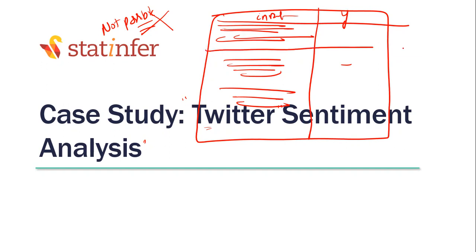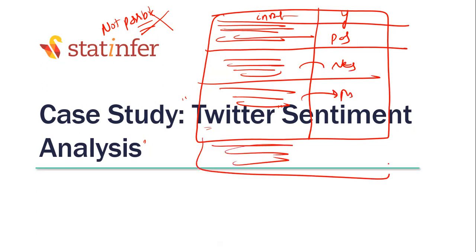What is Y? Review 1 is positive, a positive review. Review 2 is a negative review. Review 3 is a positive review. Like that, your data should already have which documents are positive and which are negative. Then you can build the model.